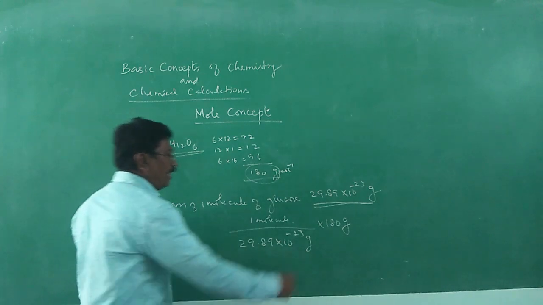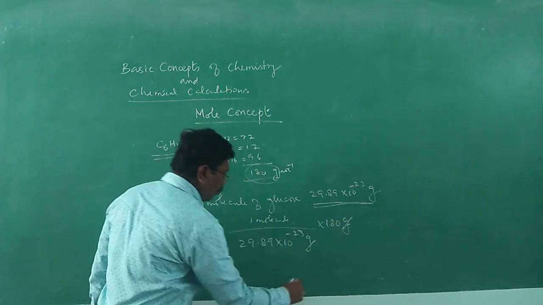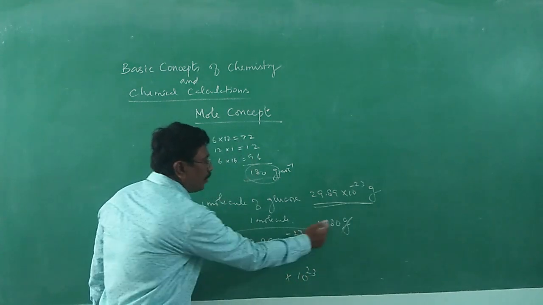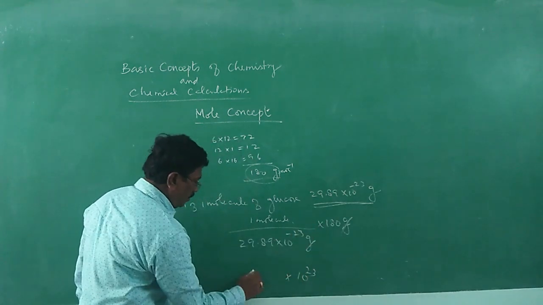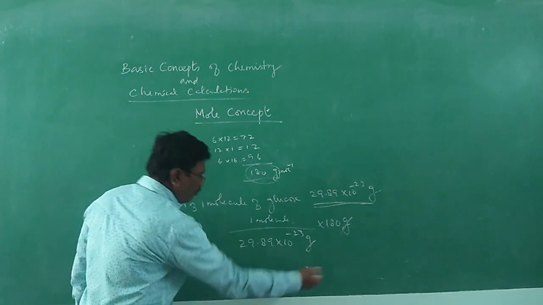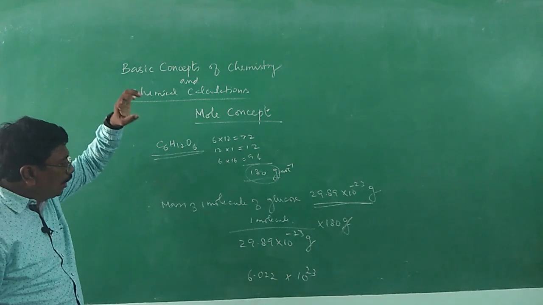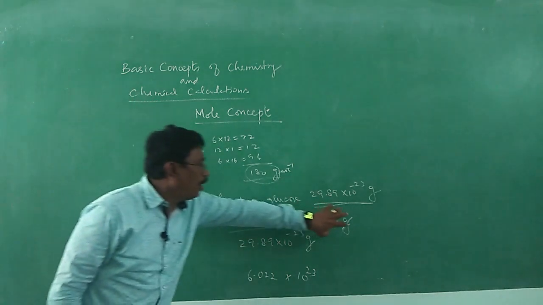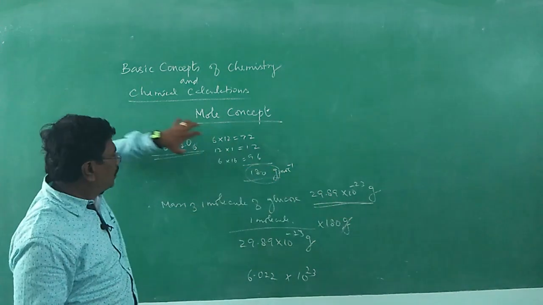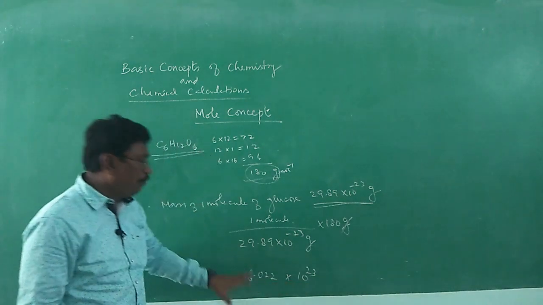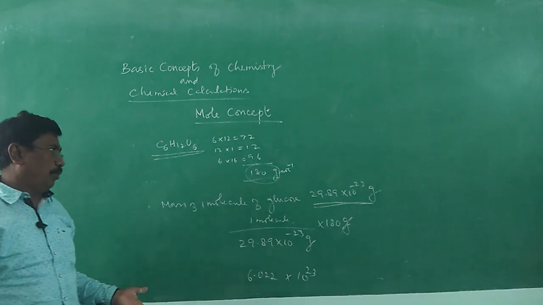If we calculate again, when minus 23 goes over to the numerator, it will become plus 23. It is approximately 30. If you divide, you will be getting 6.022 into 10 power 23. That means one molecular mass of any substance, any molecule, will contain Avogadro number of molecules. That is said to be mole.